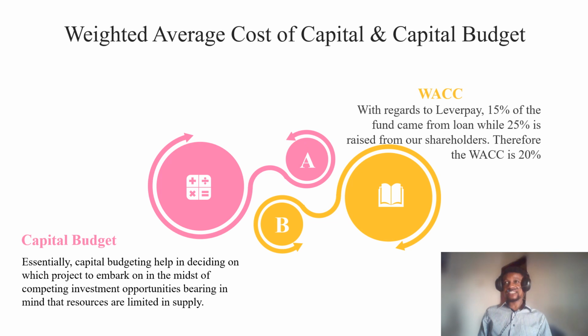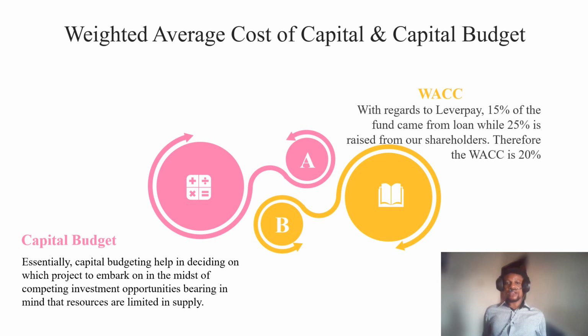It is a way of testing if a project is worth spending on, and so it helps in analyzing cash flow movement in and out of the business. It tells how cash is moving from the starting of the project and the subsequent movement of cash or whatever is needed to keep the project running.